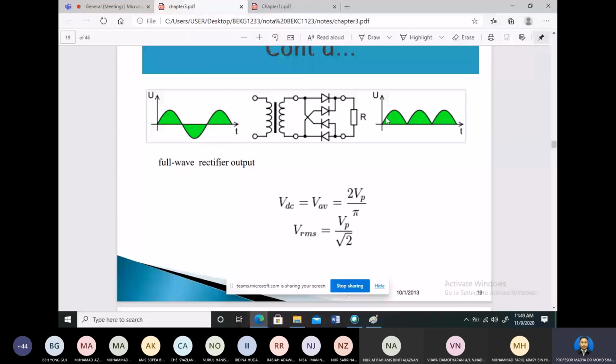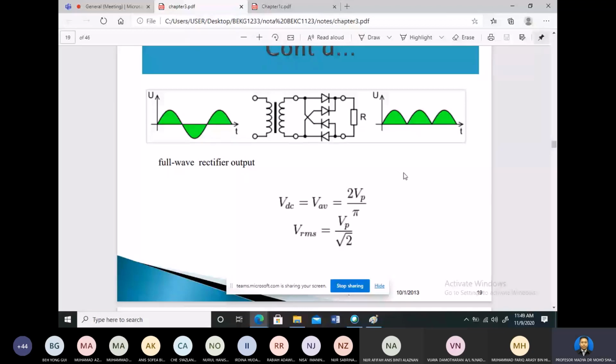You can see this one, that is the difference between the half wave rectifier and the full wave rectifier on the output. For half wave, the negative cycle is eliminated, but for full wave, the negative is inverted to the positive, and then the output will be like this.